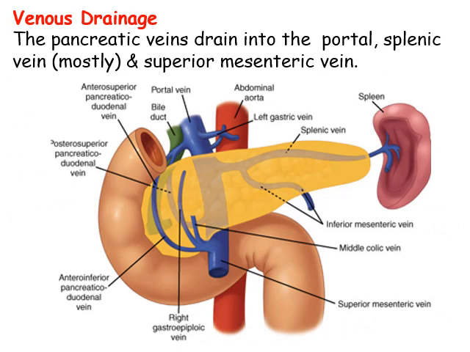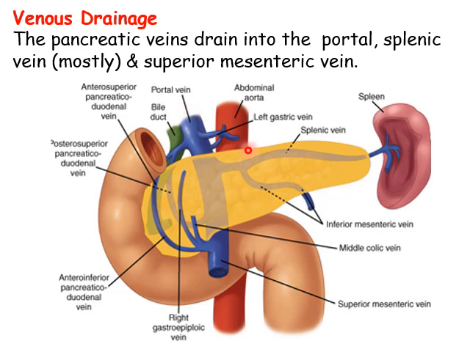Another one, venous drainage. The vein here, the blue color, is a splenic vein, and from the splenic vein drains to the portal vein. And here another vein is a superior mesenteric vein. Superior mesenteric vein unites with the splenic vein to form the portal vein.